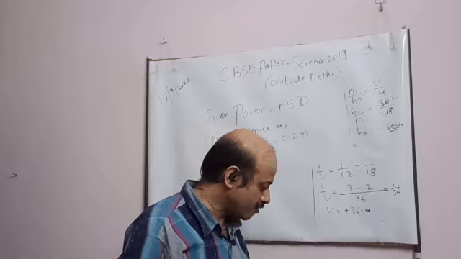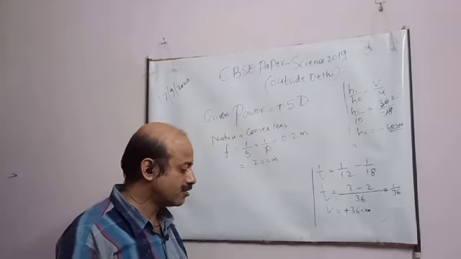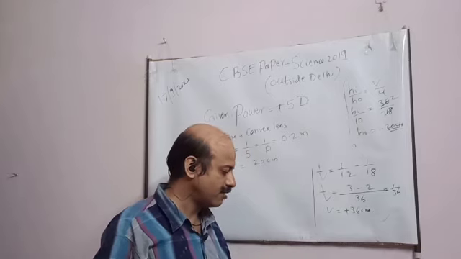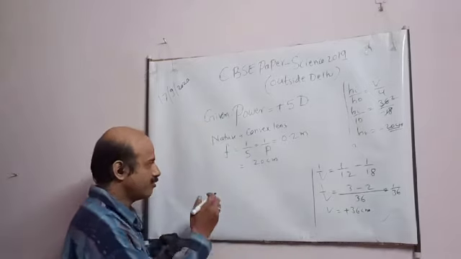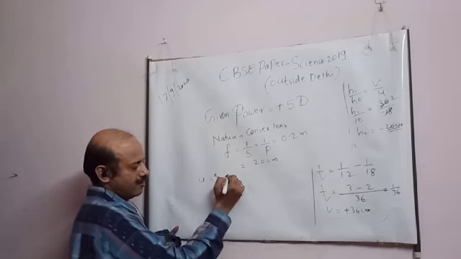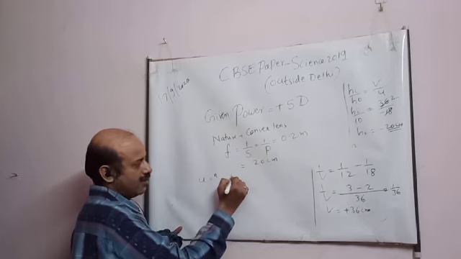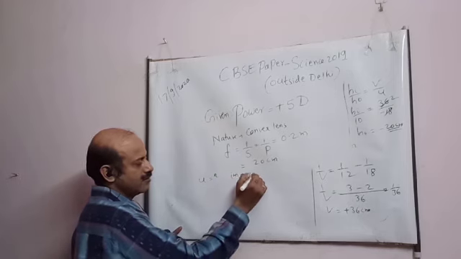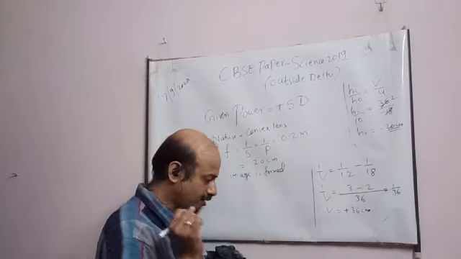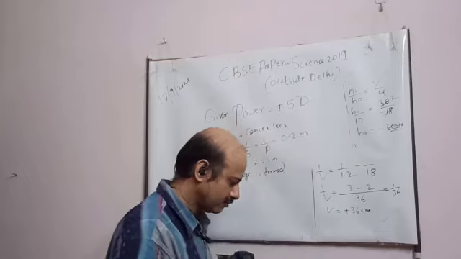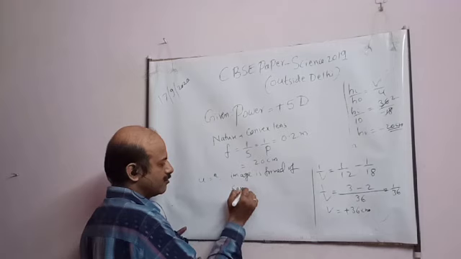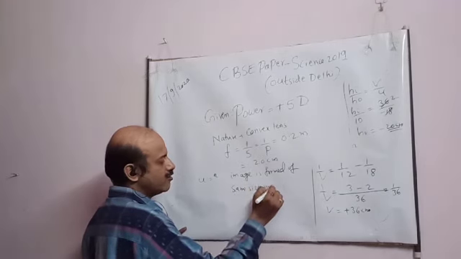Now the next part of the question was, at what distance from this lens should an object be placed so as to get its inverted image of the same size? Student, the question is, you have to find out the object distance such that the image is formed of the same size, and also it is given inverted.